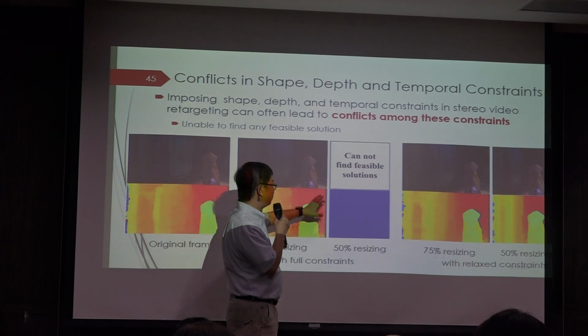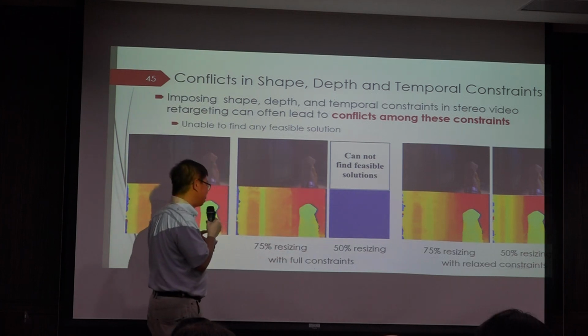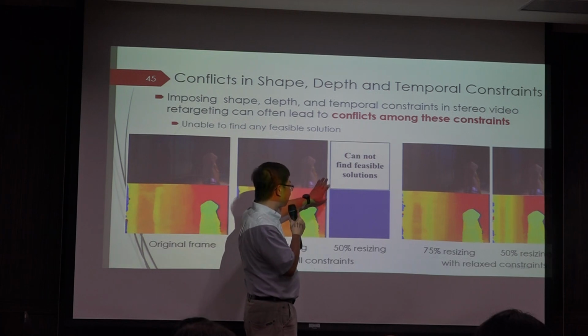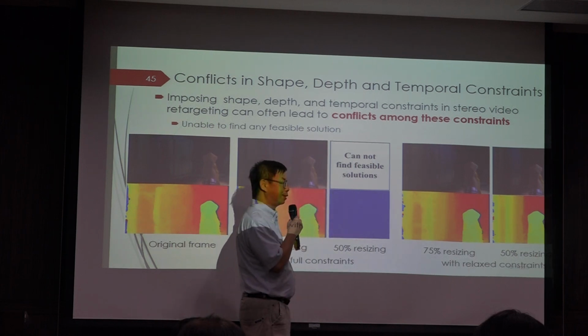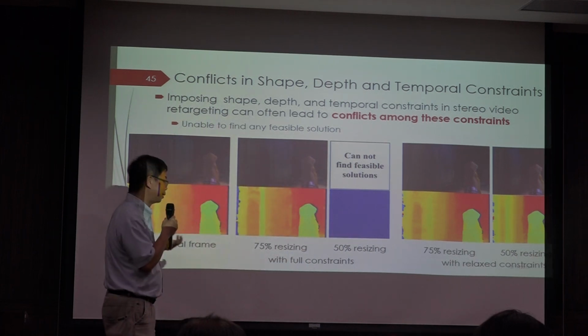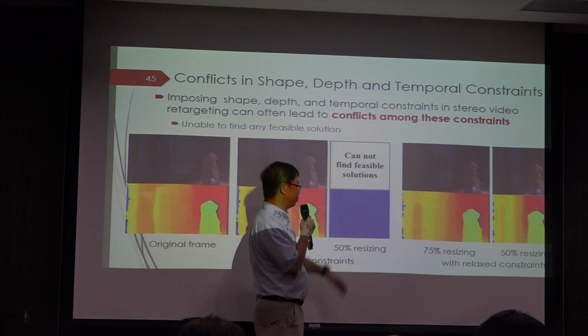Since the resource becomes very limited, these constraints, the spatial and temporal and also depth constraints, may conflict with each other. Due to the constraint conflict, we may not be able to find feasible solutions for the reduction. So for this example, we cannot find a feasible solution.